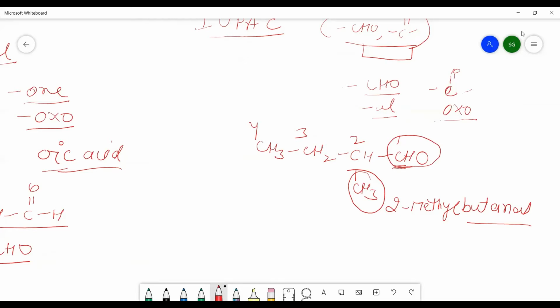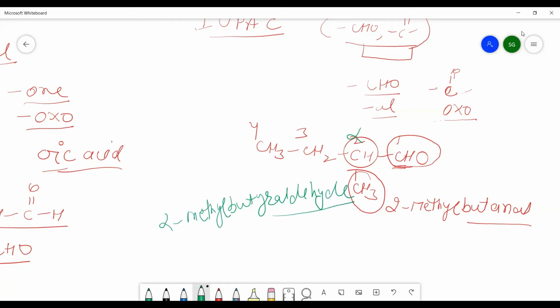Now this can also be termed in the common name, where this carbon atom is the alpha carbon atom. So it is termed alpha, and it becomes alpha methyl butyraldehyde. Whenever it is written as alpha methyl, the alpha carbon is the second carbon atom from the CHO group or another functional group.